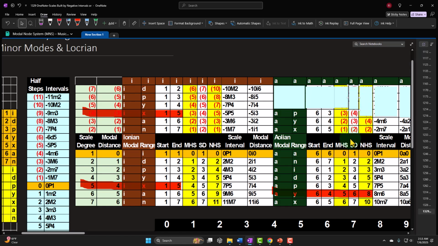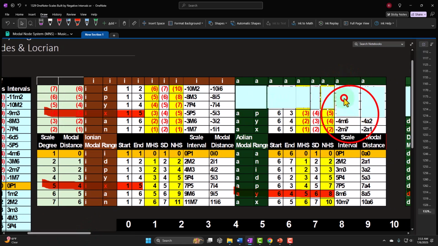So then it would be the 4th scale degree if we had negative scale degrees, or -4 scale degree. And the note half steps would be 5 in the counterclockwise direction. So we would normally call that, again, a -5 note away perfect fifth. It's the same distance for the Aeolian, and we want to note that by the distance. The -5, which if I was to go clockwise, would be 7.